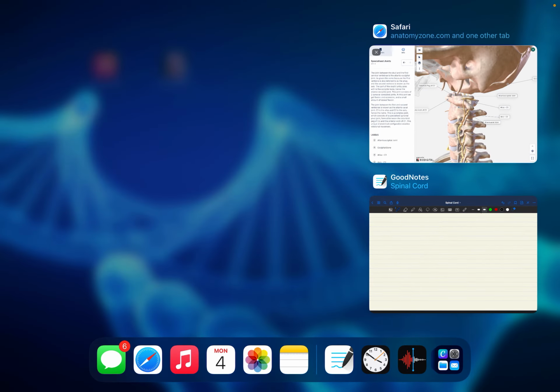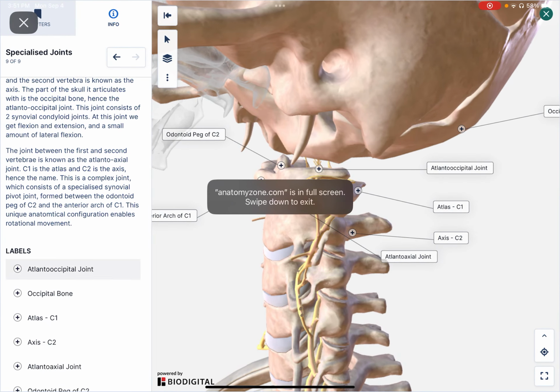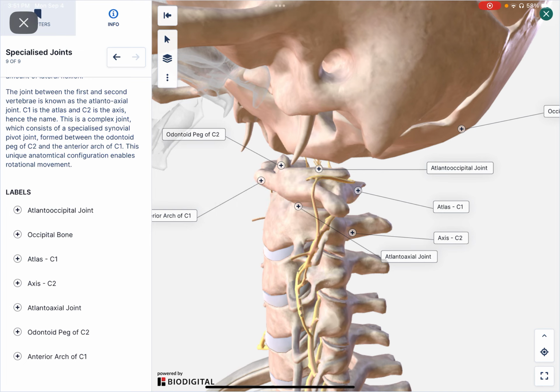Okay, so now I wanted to mention some facts about the spinal cord, some very important facts, and various curious facts as well.